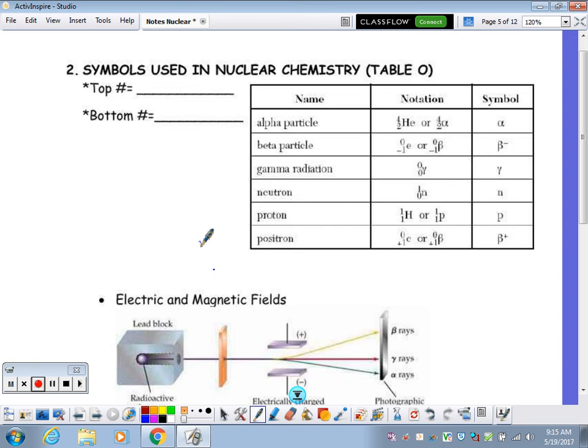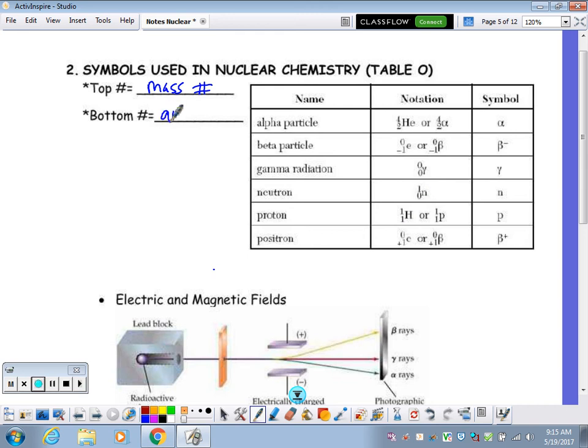For all of these particles, notice in their notation there's a number that's written as a superscript. That top number represents what we're going to refer to as the mass number. And notice each one also has a subscript, a bottom number.